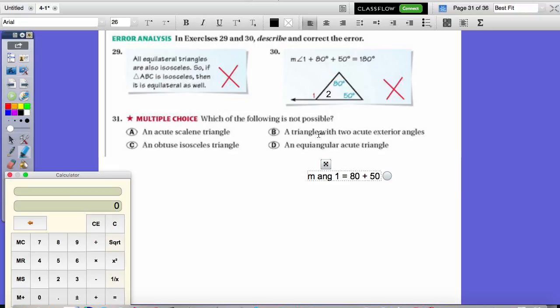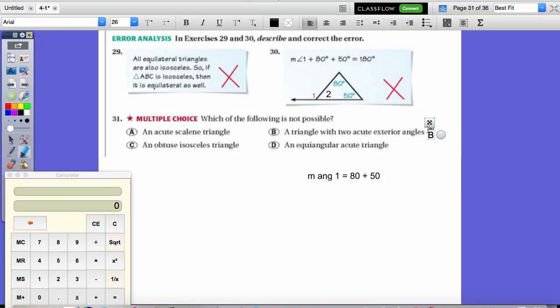A triangle with 2 acute exterior angles. No, you can't have that, because if you had 2 acute exterior angles, that would mean you would have 2 obtuse interior angles, and you can only have 1 obtuse interior angle.